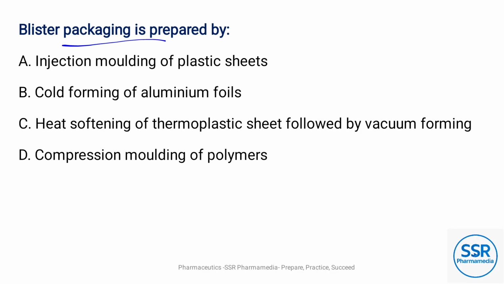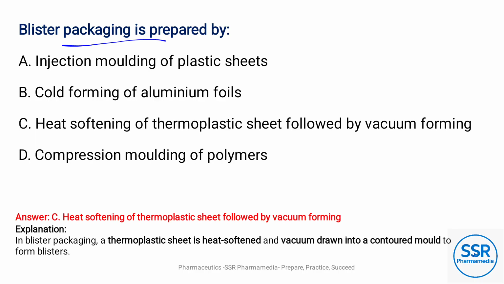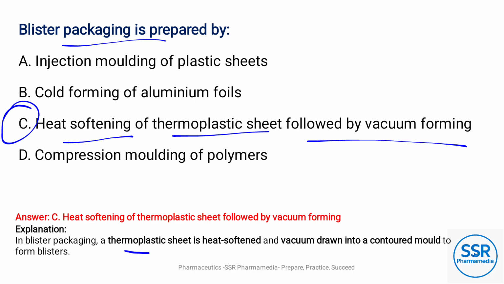Blister packing is prepared by, option C, heat softening of thermoplastic sheet followed by vacuum forming. In blister packing, a thermoplastic sheet is heat softened and vacuum drawn into a contoured mold to form blisters.